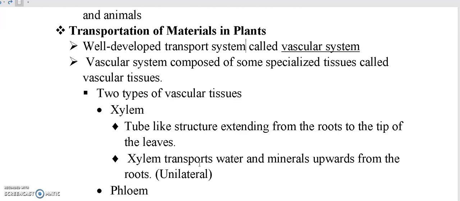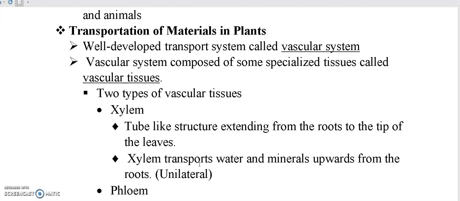Vascular system एक specialized tissues से बने हुए हैं, जिन tissues का नाम है vascular tissues. दो टाइप के vascular tissues होते हैं, xylem and phloem. क्यों दो टाइप के होते हैं? क्योंकि वाटर और मिनरल को ऊपर जाना पड़ता है, और फिर उस वाटर और मिनरल की हेल्प से और फोटोसिंथेसिस के प्रोसेस से प्लांट्स और लीव्स जो भी फूड बनाते हैं, उस फूड को भी ट्रांसपोर्ट करना पड़ता है.